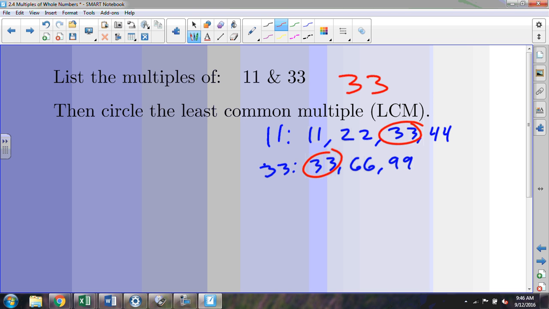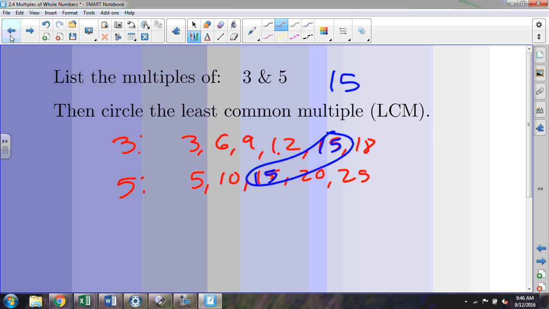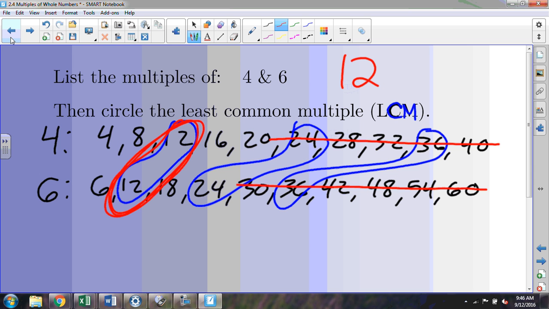Every once in a while, because of problems like we had here, students will notice, well, I could just take 3 times 5 and it's going to give me 15. I'm just going to multiply. And multiplying them will always give you a common multiple, but a lot of times it won't give you the smallest one. For instance here, if we took 4 times 6, that would have been 24.